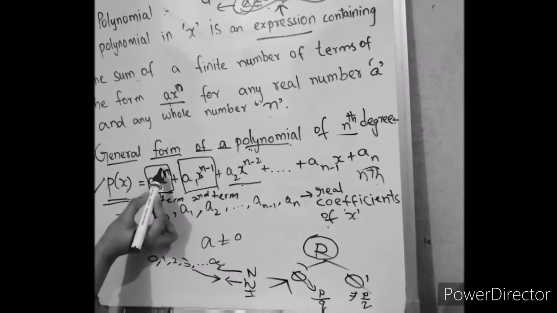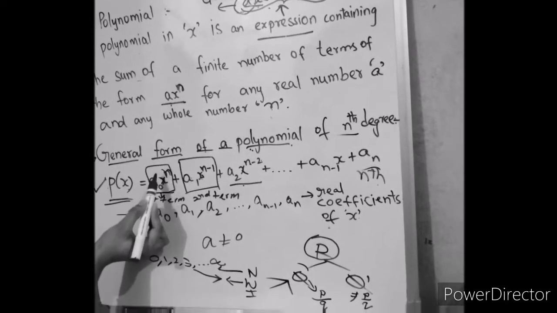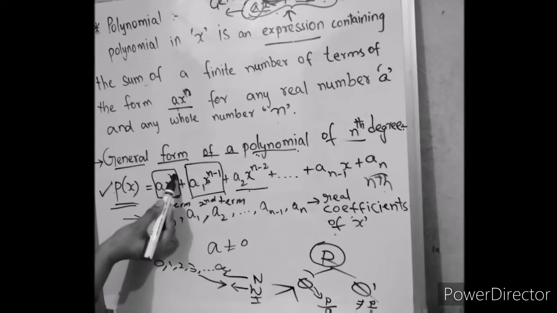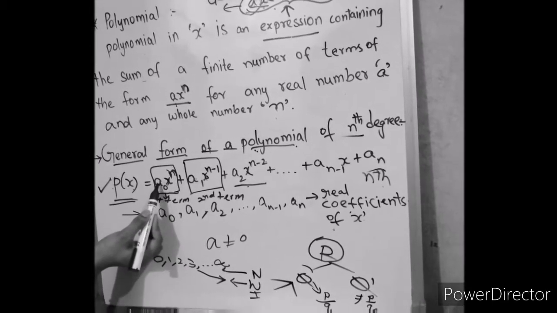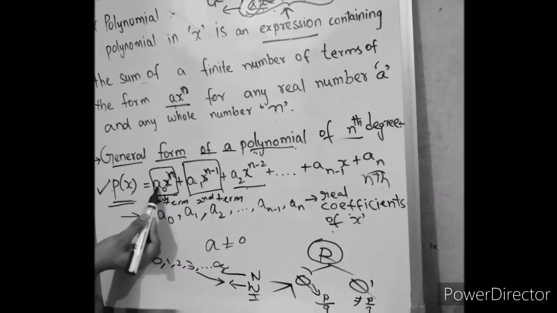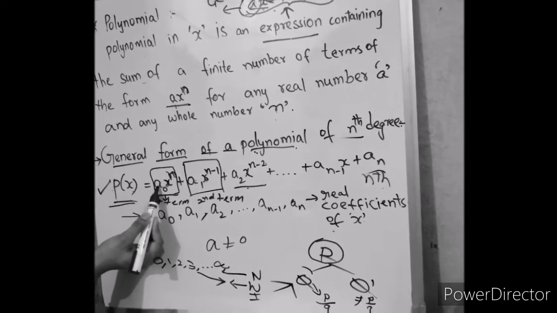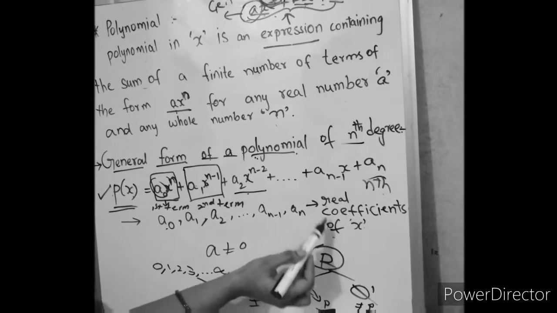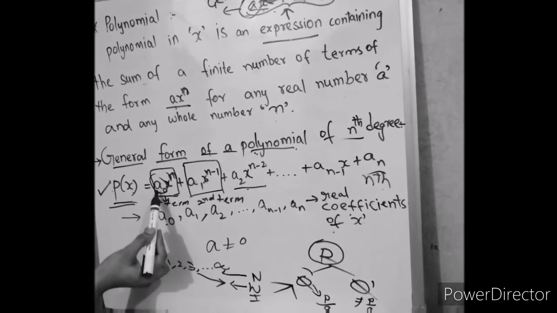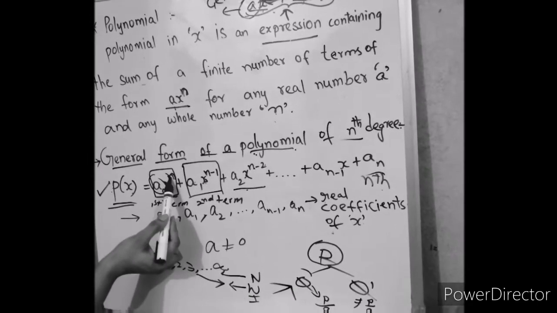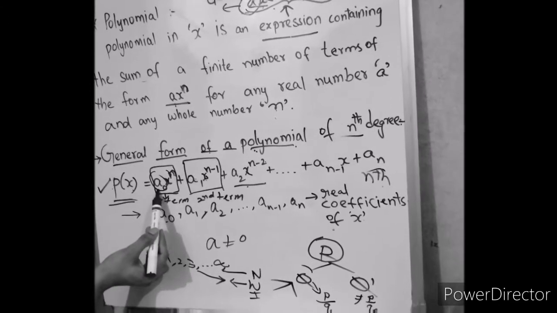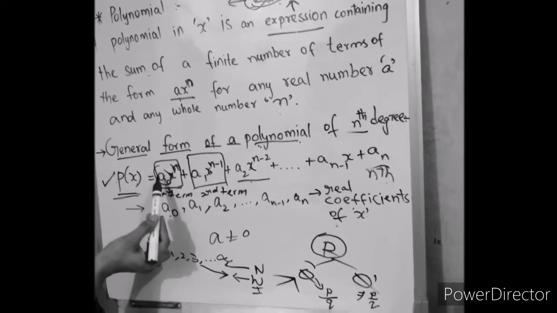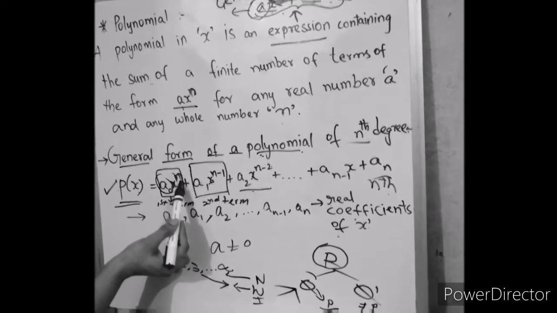Now this x power n is multiplied a naught number of times. The variable x power n is multiplied by a naught. That means a naught is a real number which I have taken, and we will call it the coefficient of x power n.